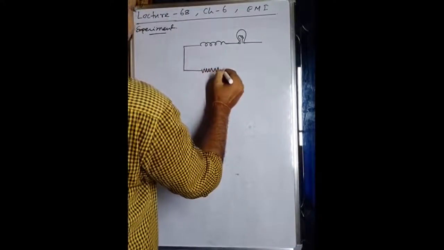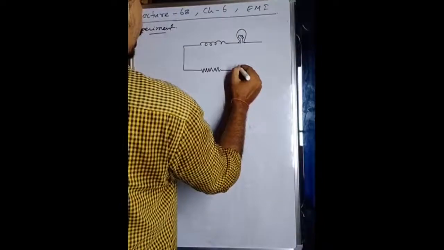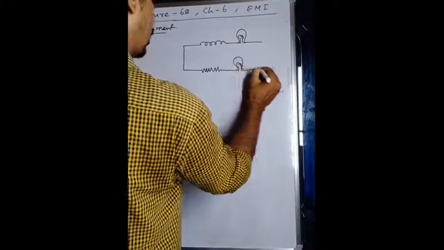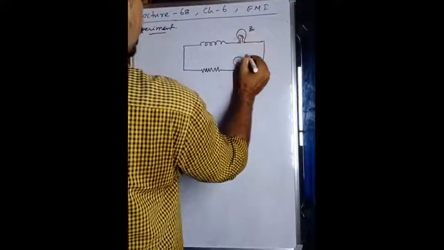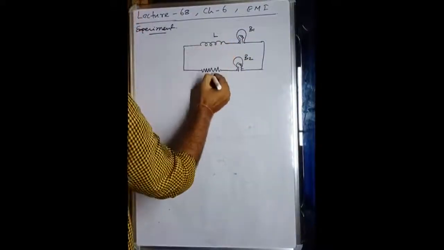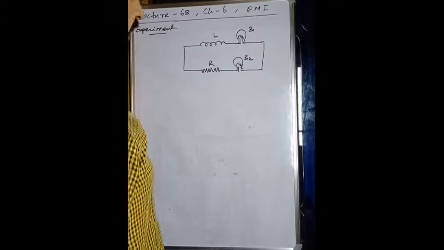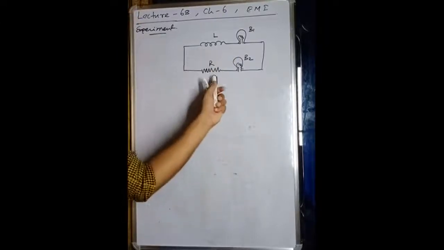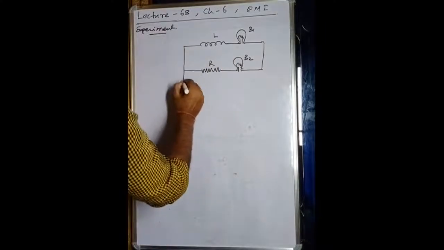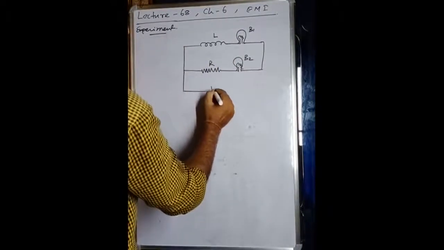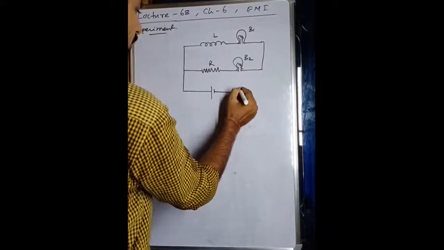And here a resistance and another bulb. Both bulbs have the same resistance and same power, B1 and B2, with the inductor and the resistance. In steady state, both the resistor and inductor coil will have the same resistance. Here I am connecting a battery with a key.